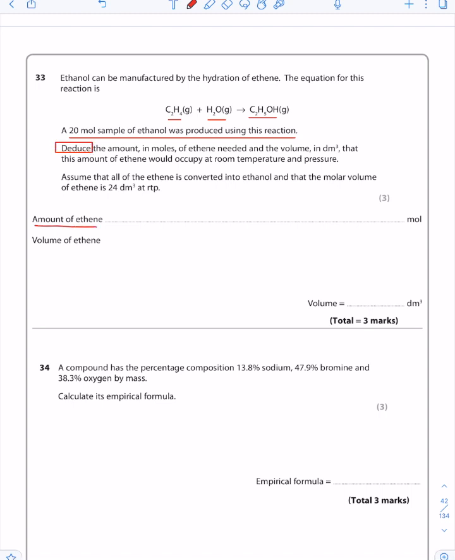طيب أول حاجة إيه الريشيو between الإيثين والإيثانول؟ الريشيو 1 to 1. يبقى أنا لو عندي الإيثانول 20 مول يبقى أكيد الإيثين هيبقى هو كمان 20 مول.